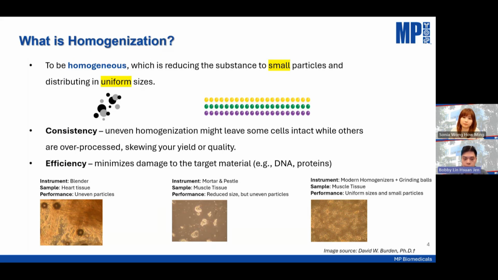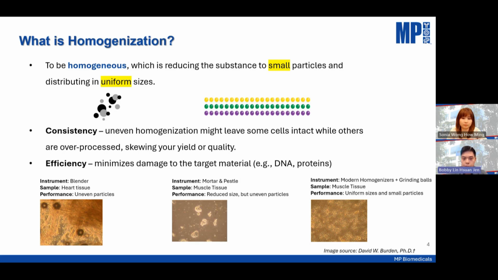Again, at the bottom half, we see three photos of different conditions of homogenization utilizing different types of homogenization method. The leftmost is using a common food blender, where they are disrupting a sample of heart tissue. As you can see in the image below, the performance result isn't that good because it is essentially a simpler machine, and it results in uneven particles, as depicted here.